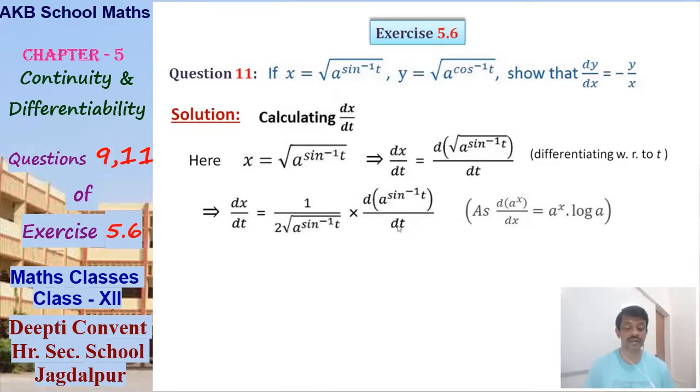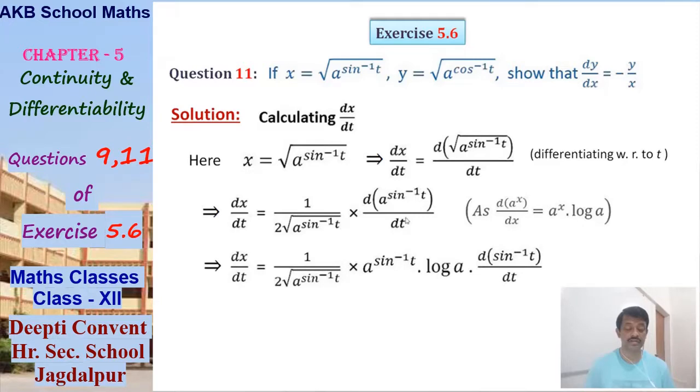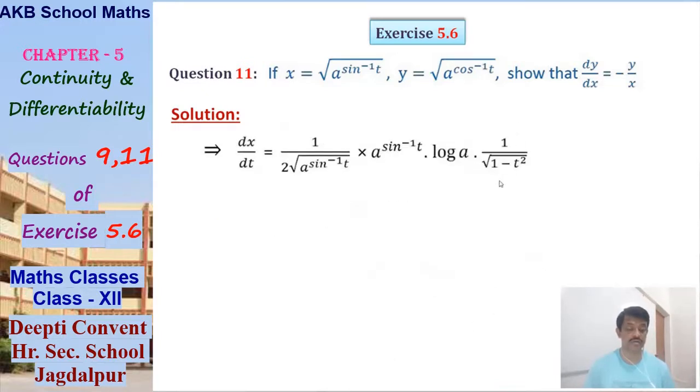Using this formula, d/dt of a^(sin inverse t) means a^(sin inverse t) into log a, and then the derivative of sin inverse t, which is 1 upon root 1 minus t square. So put here 1 upon root 1 minus t square. Finally we get dx by dt equals a^(sin inverse t) log a upon 2 root of this into root 1 minus t square. So this is the value of dx by dt.